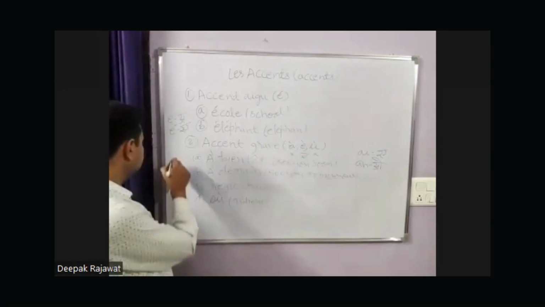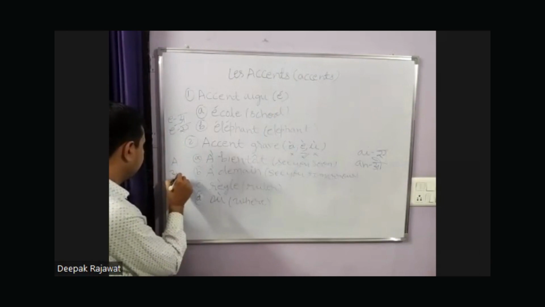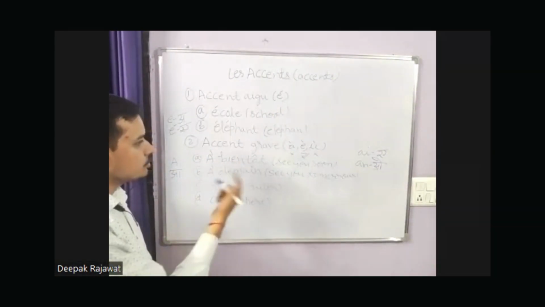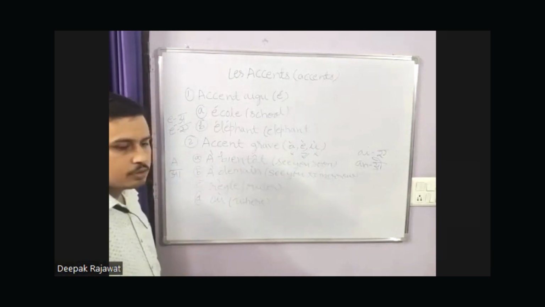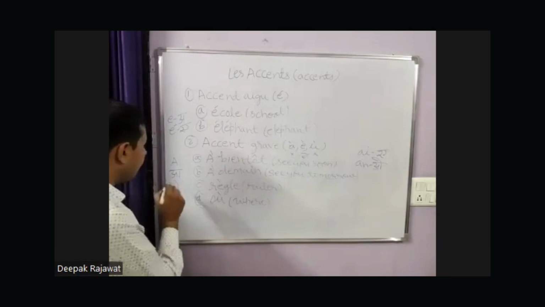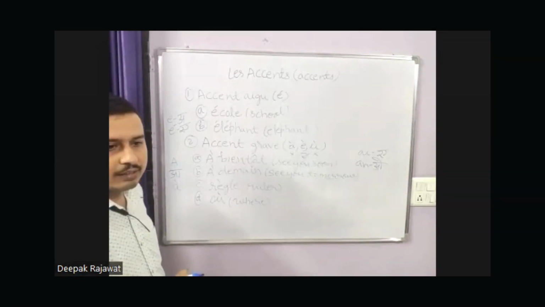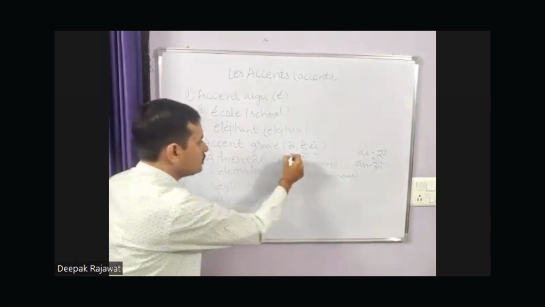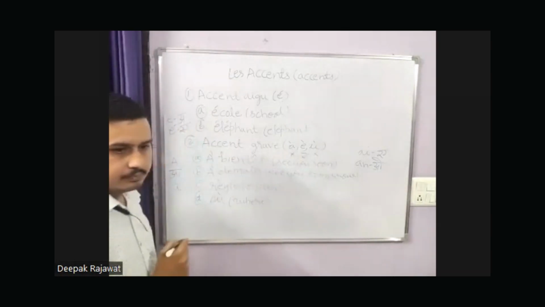A is a. So à bientôt, see you soon. À demain. So even though we have put this accent on A, it doesn't affect the pronunciation. It remains the same. So there is no change in the pronunciation.